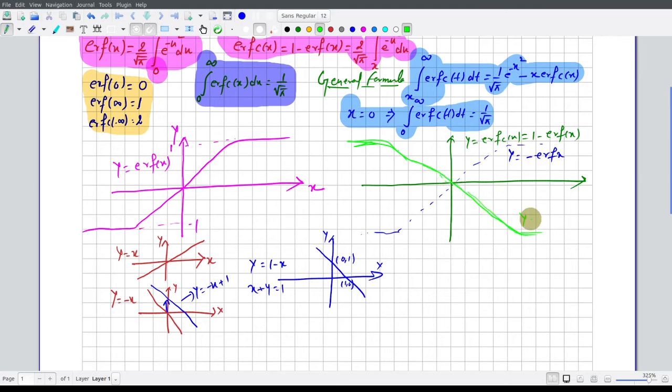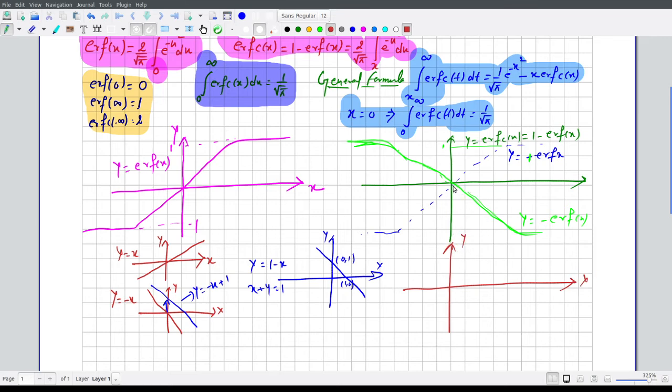Sorry, this should be 1 plus, minus erf of x graph. Now what I am saying, we have to go 1 unit up, and initially this one is at 1 point. Now we have to put 1 unit up, so what we have to do, y, x, we have to put 1 unit up.